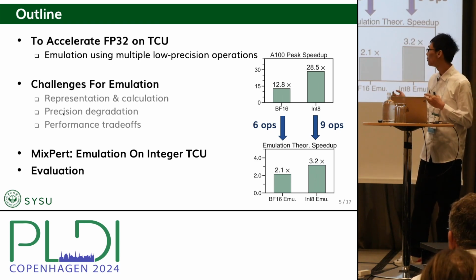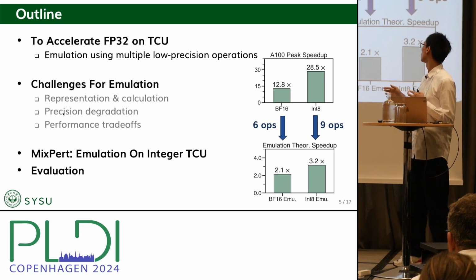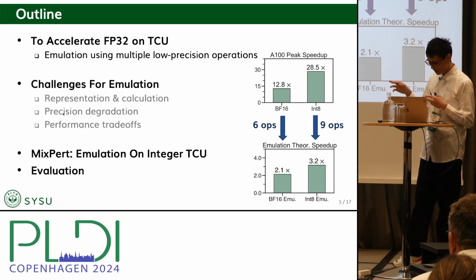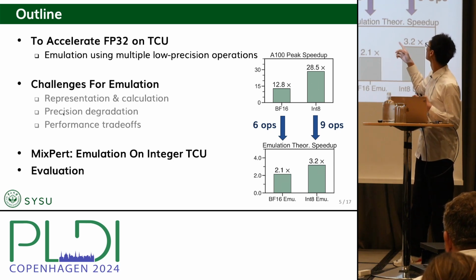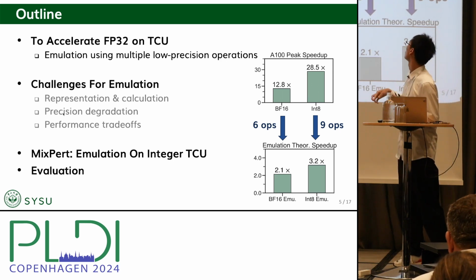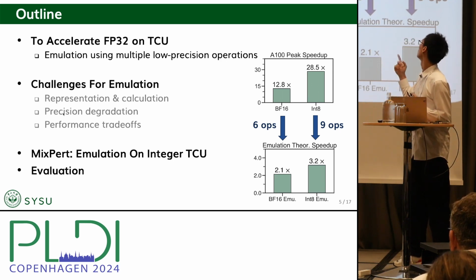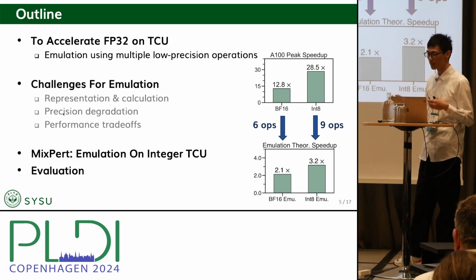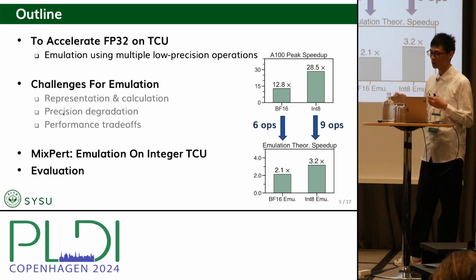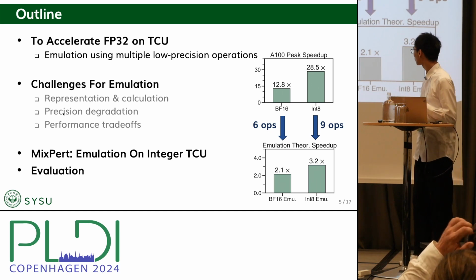For example, if we are to preserve the precision of FP32 using BF16, the BrainFloat 16 introduced by Google, we may use 6 operations to emulate the computation from a software approach.